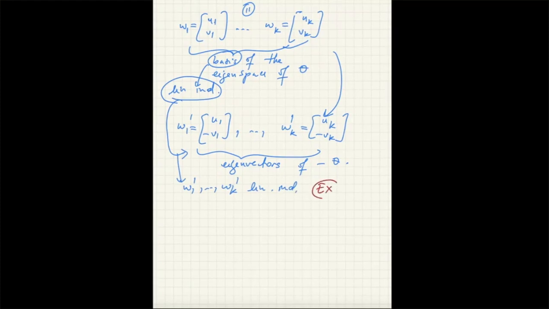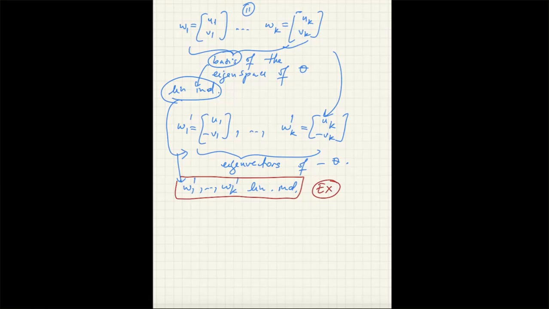I leave this as an exercise for you to do. You can just write down what it means for a linear combination of them to be equal to 0 and go from there. Use the linear independence of the vectors W1 to WK.